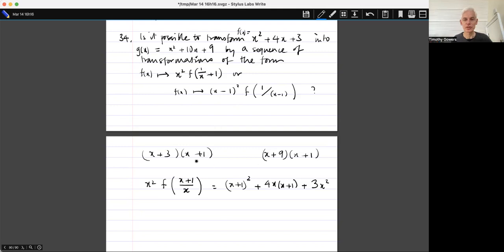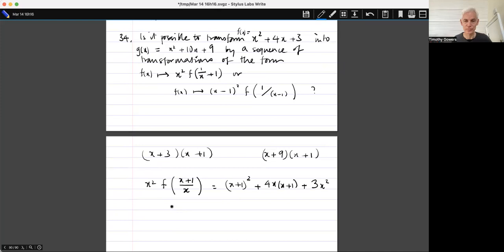Oh, in fact, I could have just done it directly. So I just apply, yep, instead of doing what I've just done here, I could apply it to the factorized version, but okay, I'll get to the same thing.